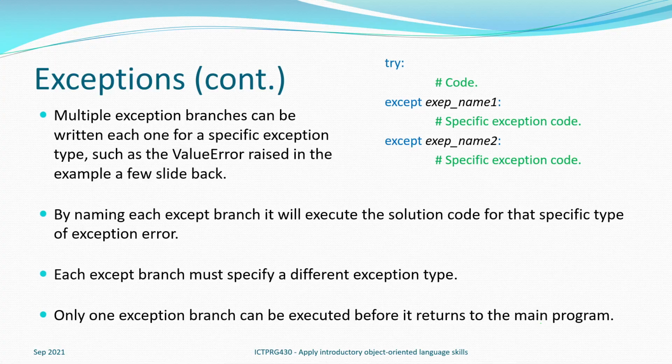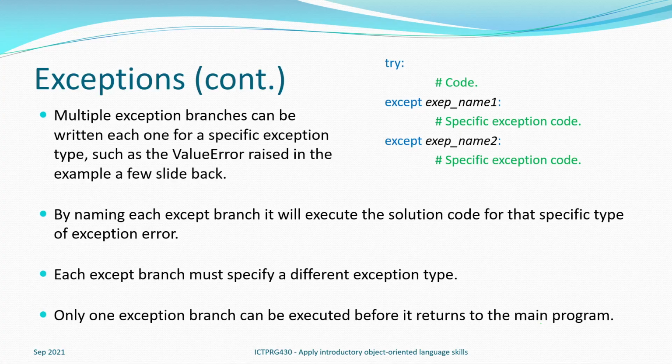Now, one of the things we can do is specify an except condition, which means it's going to match the error type, and then execute the code associated with that error type. One of the reasons we do this is that by providing different controls to handle different types of errors, we get better control and resolution of the problems.